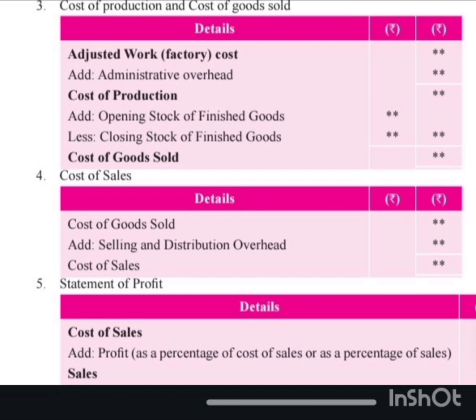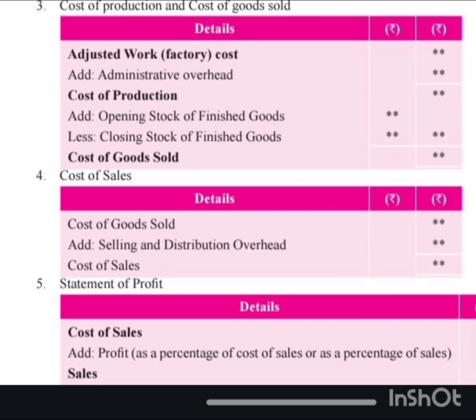Those are products made this year but sold next year. Then we will add selling and distribution overheads, like for example marketing cost, shipping and sales commission, etc. And this gives us the cost of goods sold and finally the cost of sales.